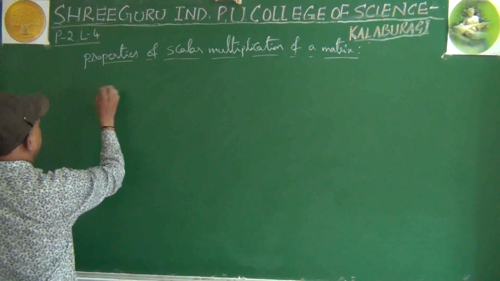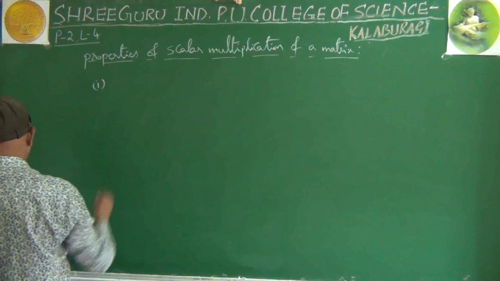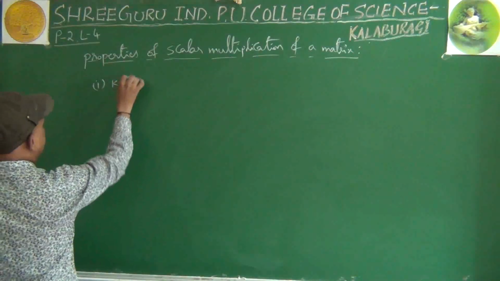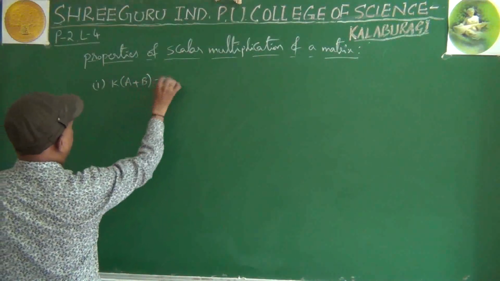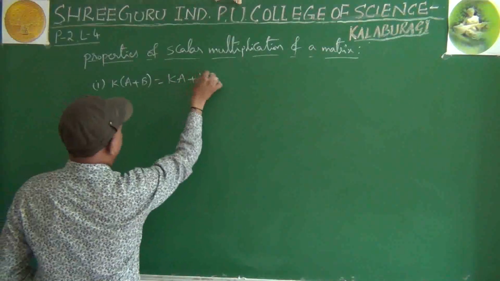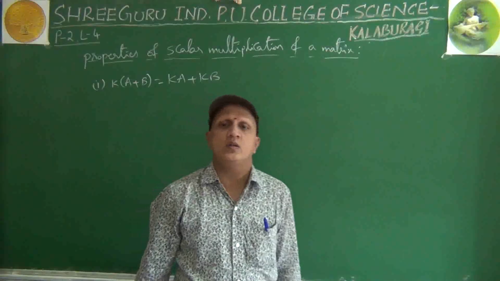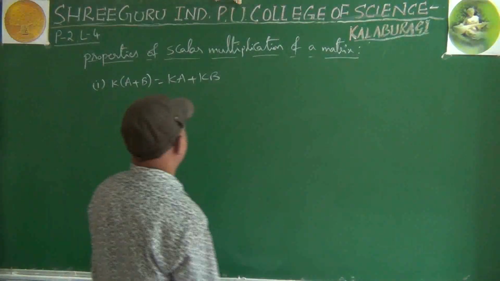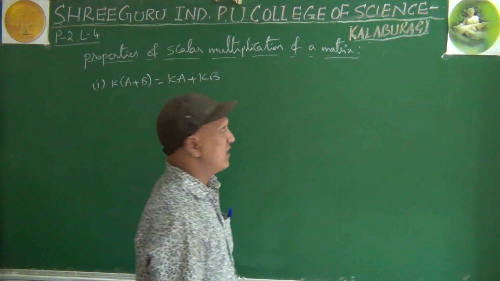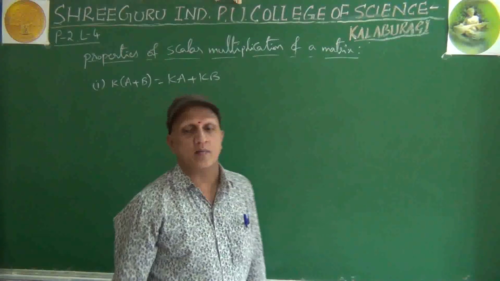What is the first property? K into A plus B equals Ka plus Kb. Proof is not necessary. Here A and B are same order matrices.